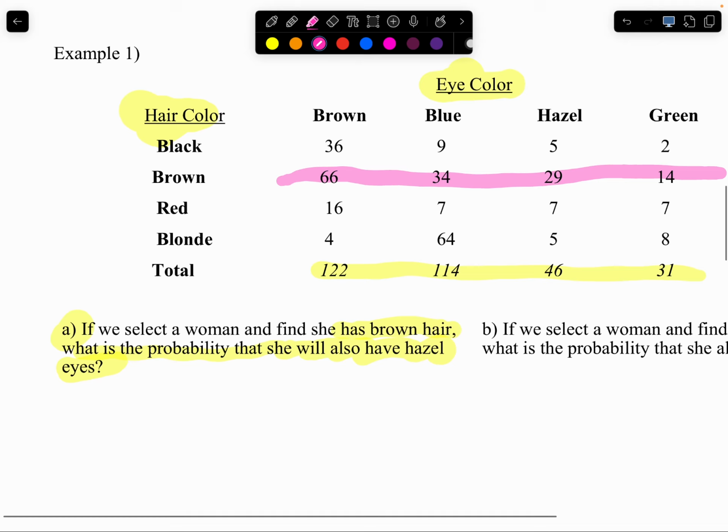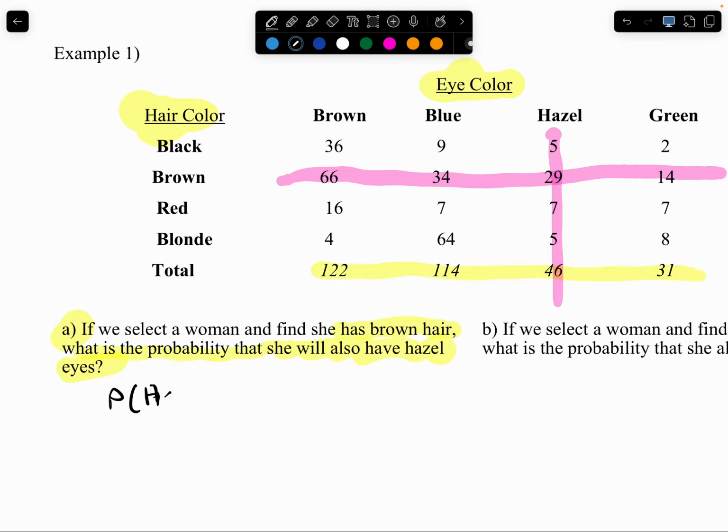Eye color hazel, right here, right? So where's the intersection? Because what we need is the probability of hazel eyes given that we're talking about only the brown-haired people.